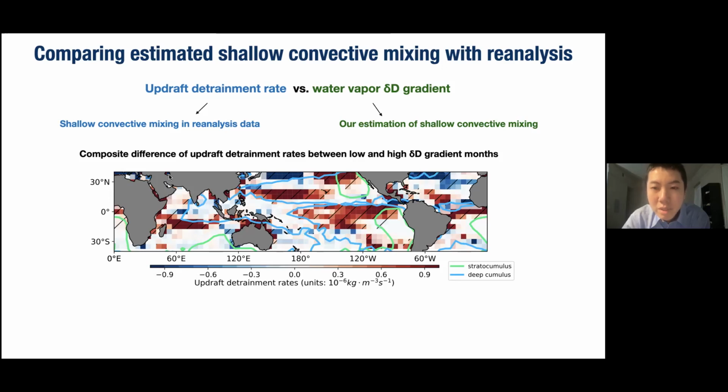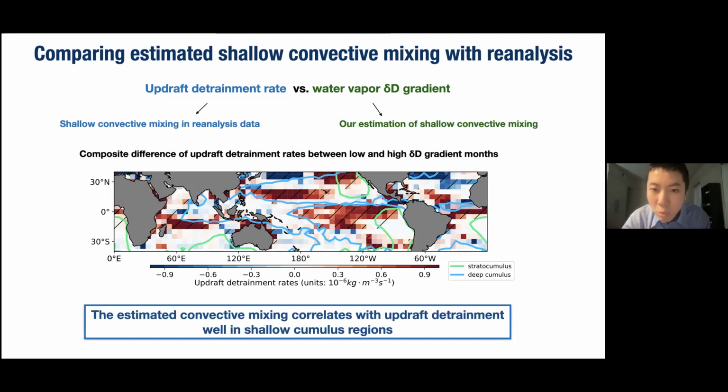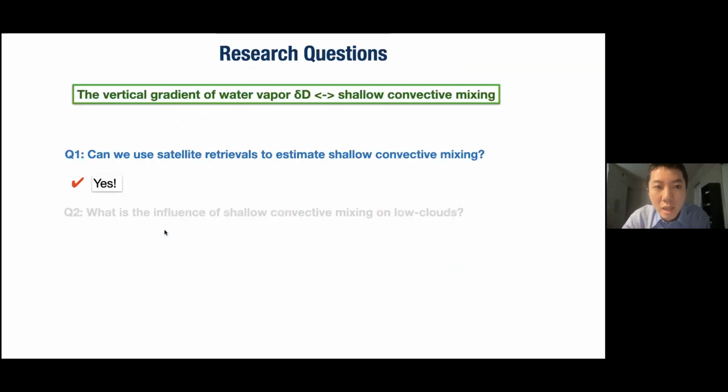The red color means when we have higher convective mixing, we have higher updraft detrainment rate. You can see they correlate very well in the shallow cumulus region. So this shows our estimation works well in the shallow cumulus regions, and that we can use satellite retrievals to estimate shallow convective mixing.